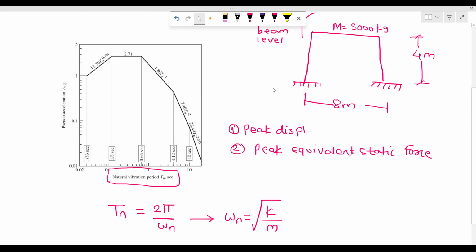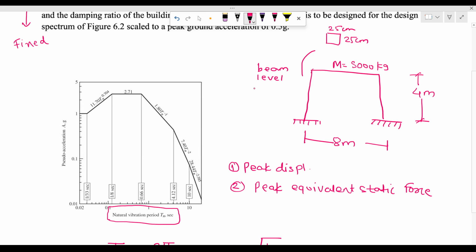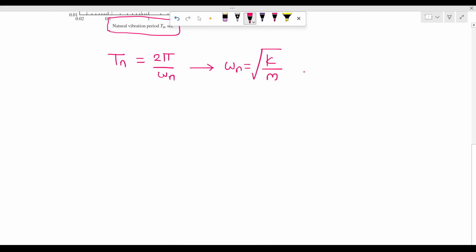As you can see here, there are two columns, C1 and C2, right? So we need to find the equivalent stiffness K, which will be equal to 2 times K, because this is in parallel.